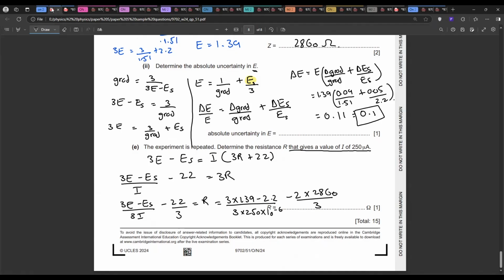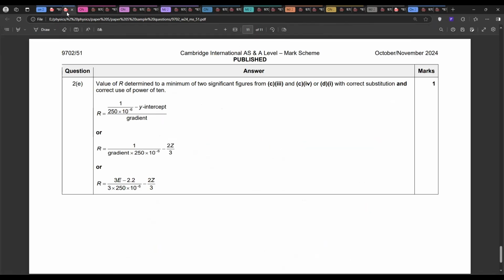Your answer comes out to be 720 ohms. Perfect. Let's see. Yeah, here the examiner has done the same thing. 3 into E minus 2.2 minus 2 into Z divided by 3, and in the denominator as well he has divided it by 3. So yeah, this is the method that we have done.